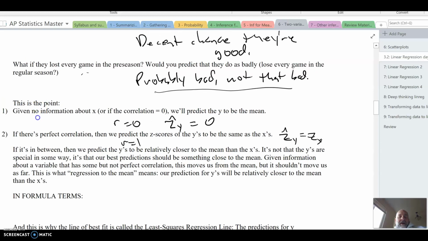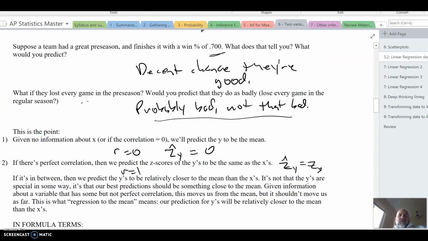Looking at this example with Major League Baseball, there's some correlation. So that information gives me information. Knowing they won a ton of games makes me feel they're probably better than average.